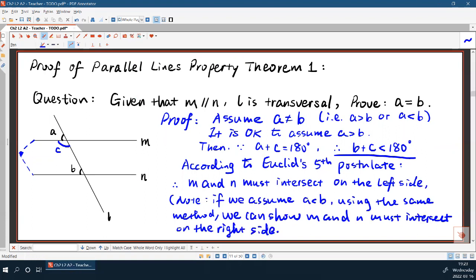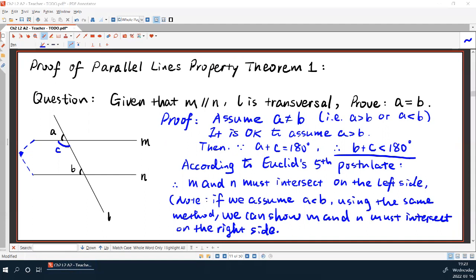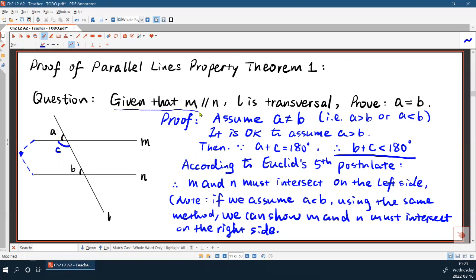Okay. So no matter whether A is greater than B or less than B, obviously this contradicts the fact that M is actually parallel to N, right? Because the question states that M is parallel to N. So this cannot happen.